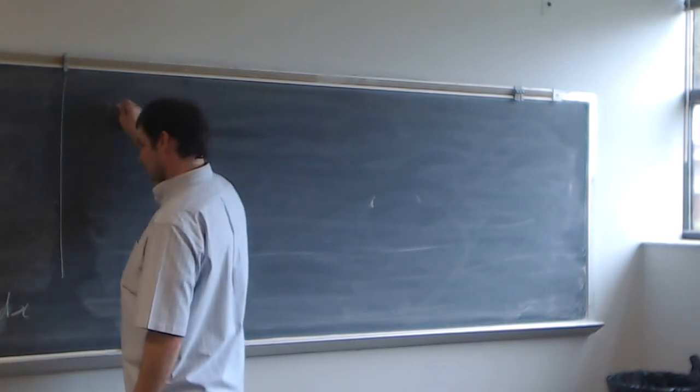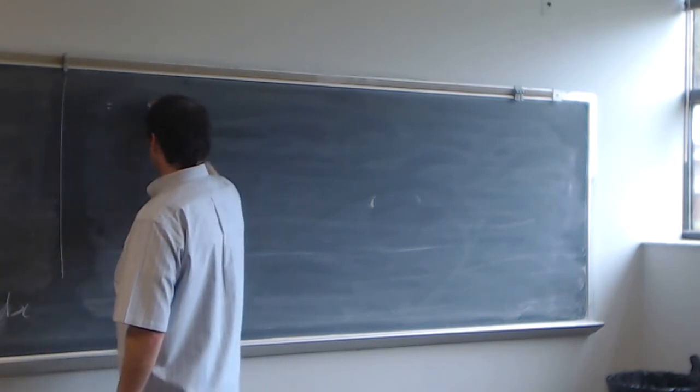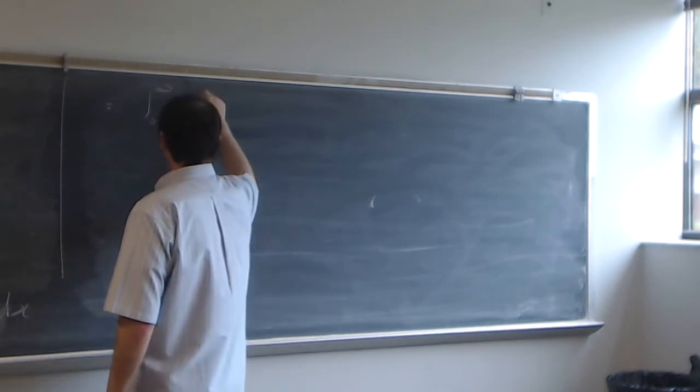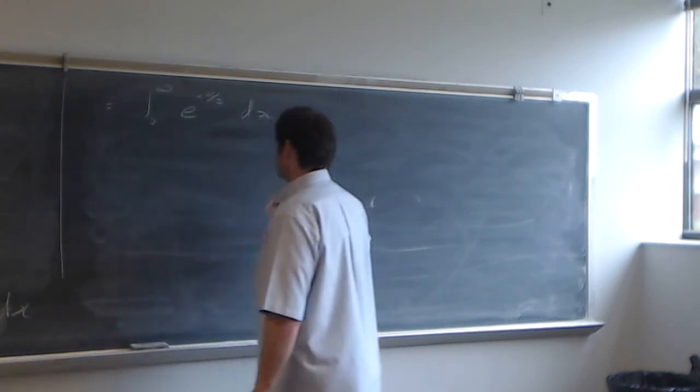Now, you could rewrite this as the integral from 0 to infinity of e, so we add exponents, to the minus x over 2 dx.